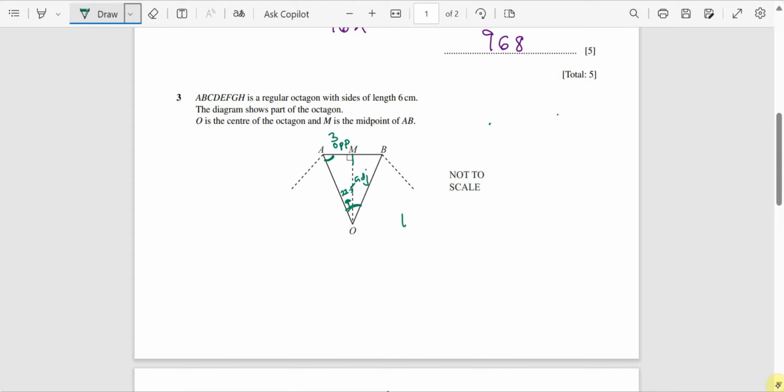So we have tan 22.5 equals opposite over OM. So OM is 3 divided by tan 22.5.